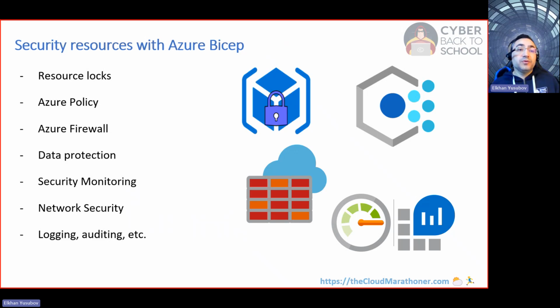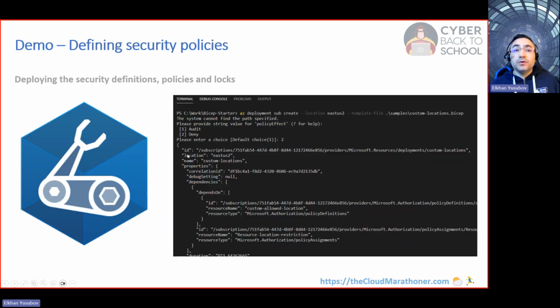You have Azure policies to enforce governance across your resources and Azure digital estate. You have Azure Firewall, and you can create Azure Firewall rules and manage them as security as code. We have data protection, as well as the other services that we mentioned, including observability, logging, monitoring and auditing. All right, that's it.